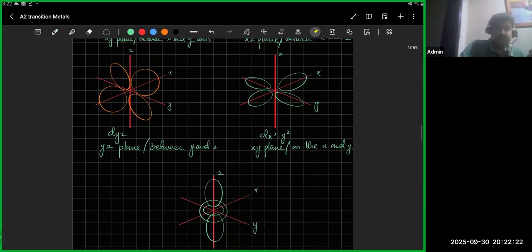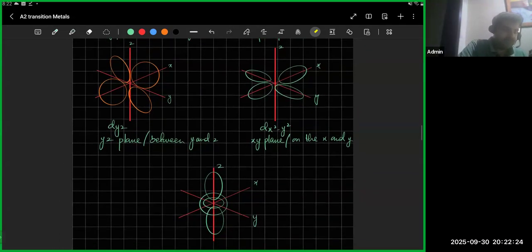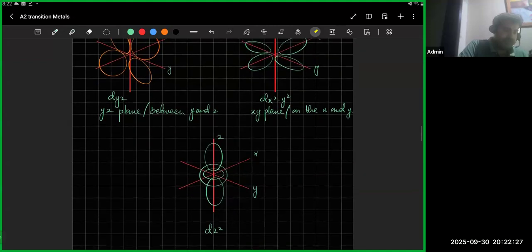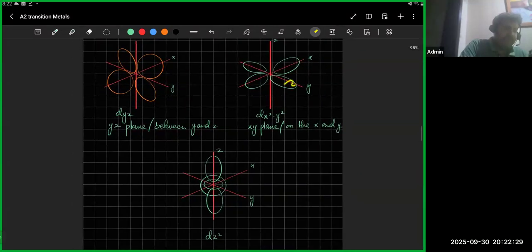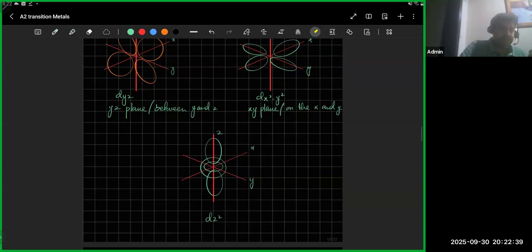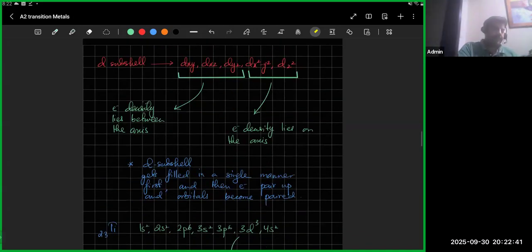In the last 2, the dx2 minus y2 and the dz square, the electron density is right on the axis, on the x and y axis, and over here it's on the z axis. So 3 orbitals have electron density between the axes, 2 of them have electron density on the axis. So first thing, your 5 d orbitals are all degenerate, which means that they have exactly the same energy level.